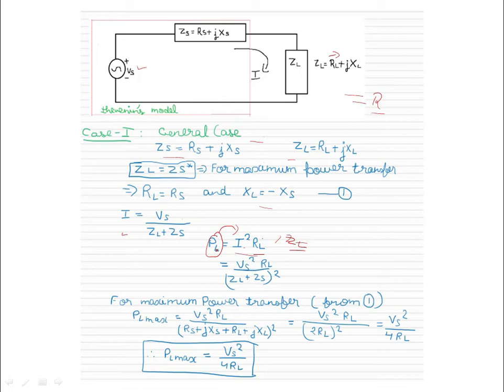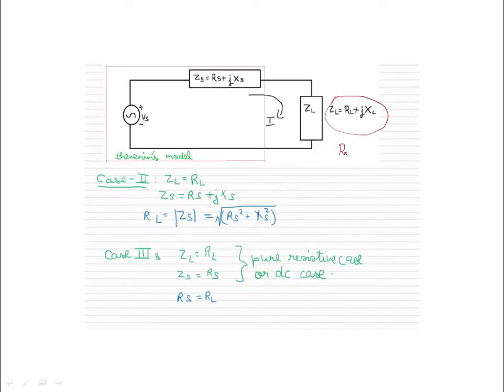Therefore, PL is equal to I square RL. We'll put the value of I here, then we'll get this. And now we apply this condition for maximum power transfer. Then the maximum power which can be transferred would be V square upon 4RL.